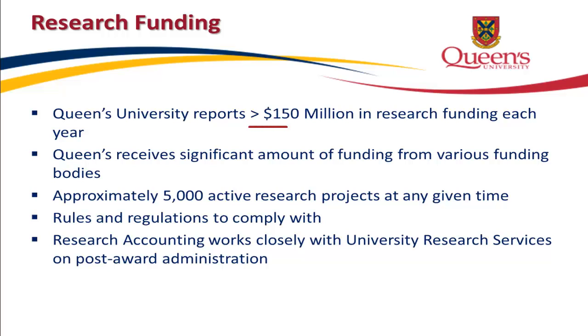Queen's University reports over $150 million in research funding in its financial statements each year. When research funding is received, there are rules and regulations to comply with as part of accepting this funding. Research Accounting administers approximately 5,000 active research projects at any given time.